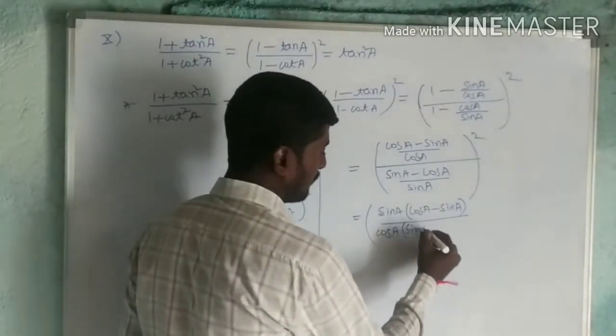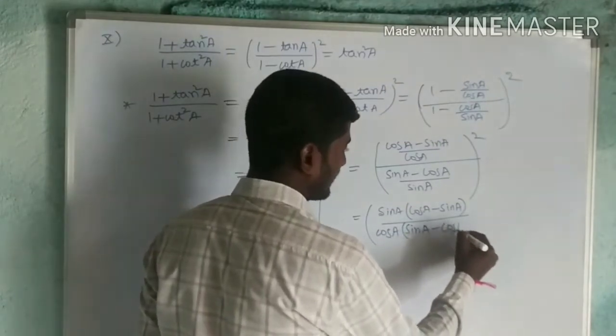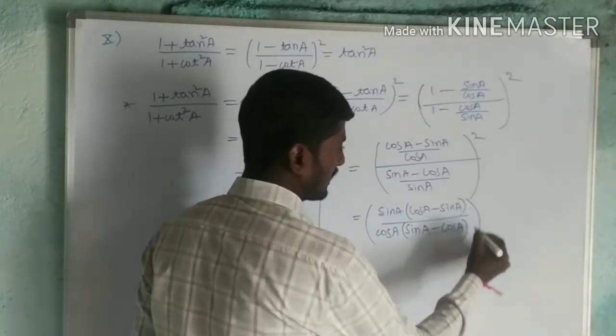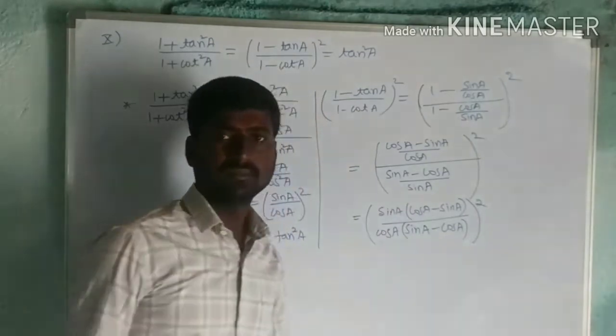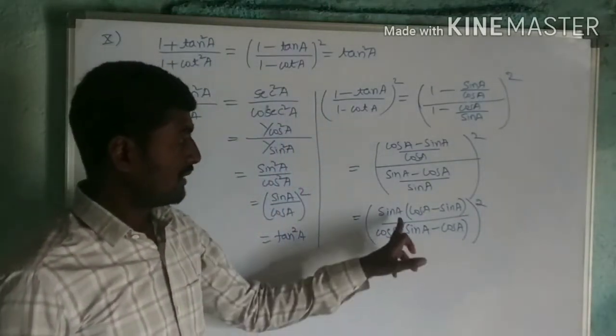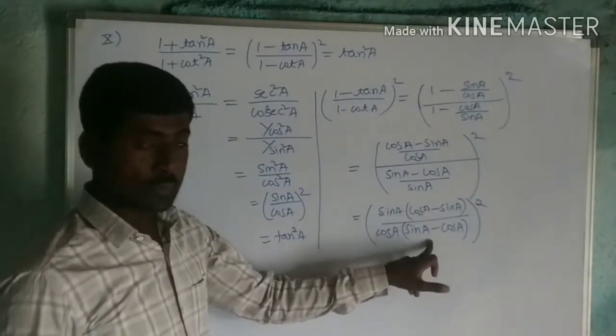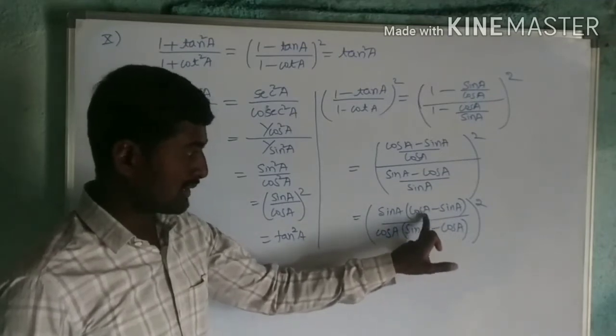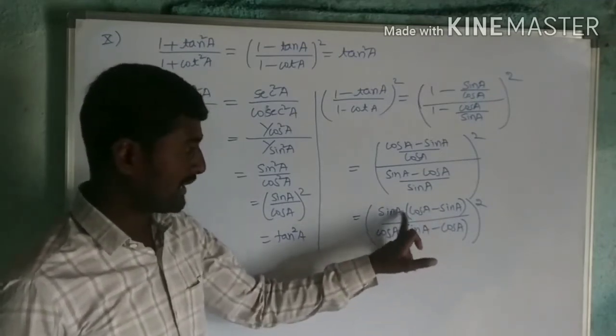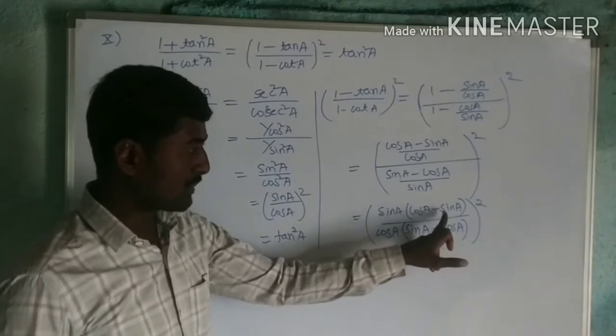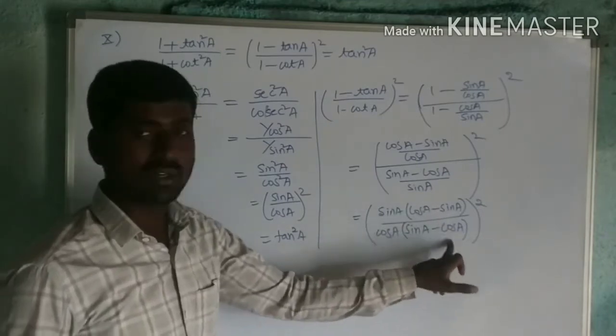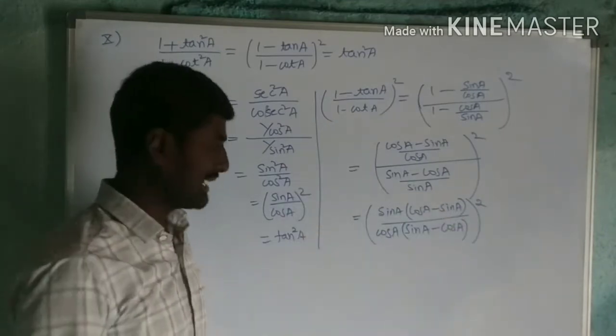Sin A minus cos A. Whole square is there. Now I am going to cancel these two. To cancel I have to take minus sign common here. If I take minus sign common, this will become plus sin A minus cos A. Then automatically they will get cancelled.